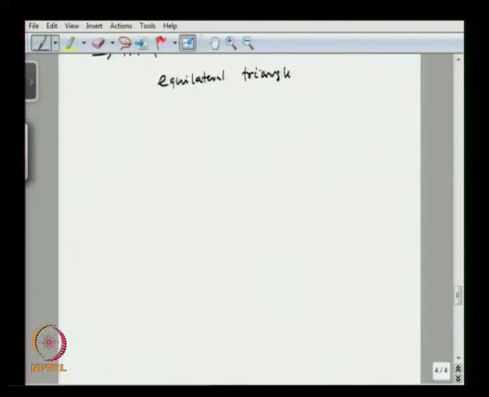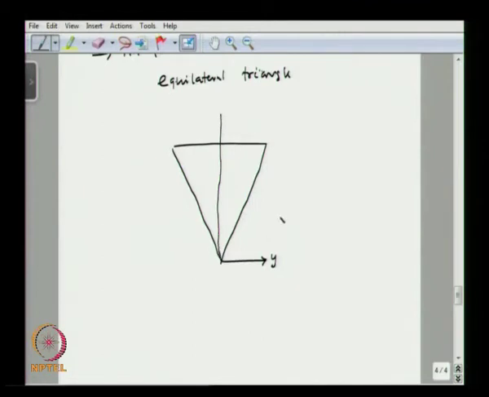Let us draw an equilateral triangular cross section which would look like this. So, this is our y and this is z, this is a by 2 and this is minus a by 2.